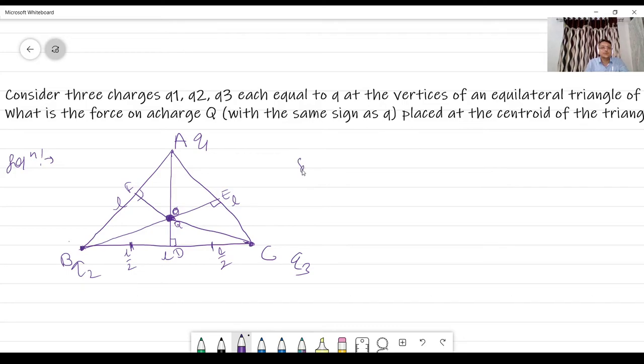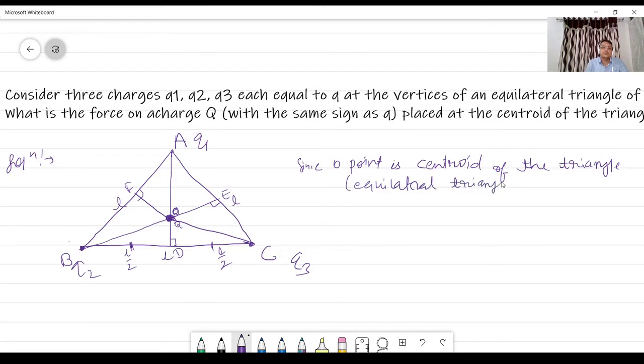Since O point is the centroid of the triangle, and which is an equilateral triangle, I can say that this AD is a perpendicular length.